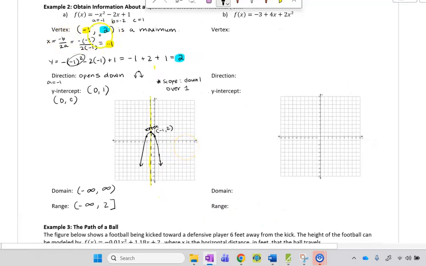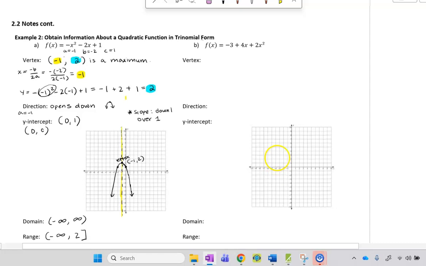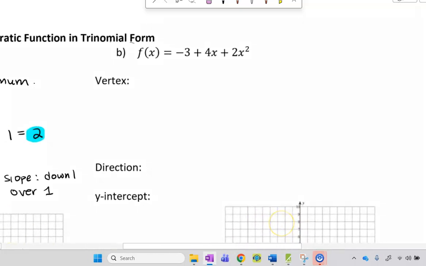The most work you have is obviously finding the vertex because you can't just look at it and tell what the vertex is. So I'm going to have you guys do B, but before you do B, you will have to rearrange so that you can tell what A, B, and C are. I'll do the rearranging for you if you want, just to make sure you've got it down right.